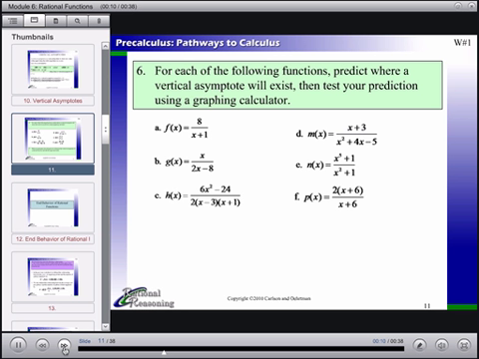I think, did we analyze some of these at the end of class last time? Okay, so let's define what is a rational function. What do you notice about the form of all these functions?